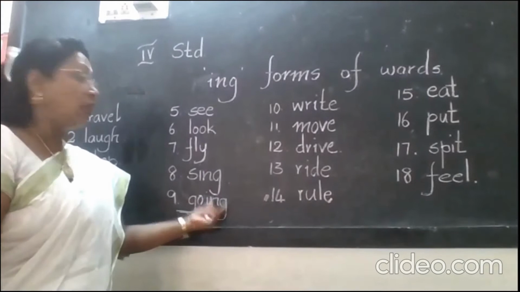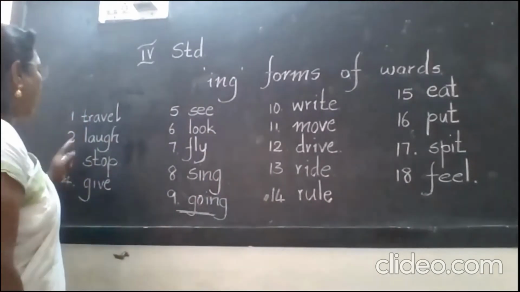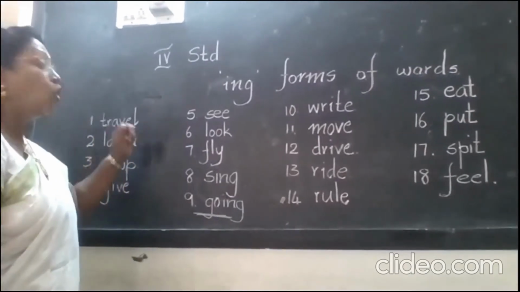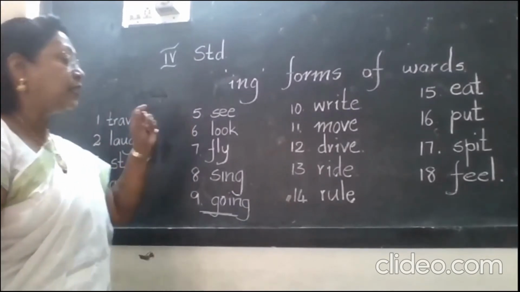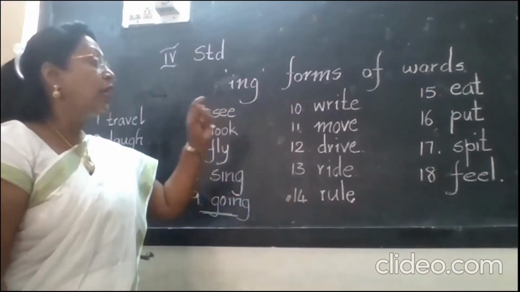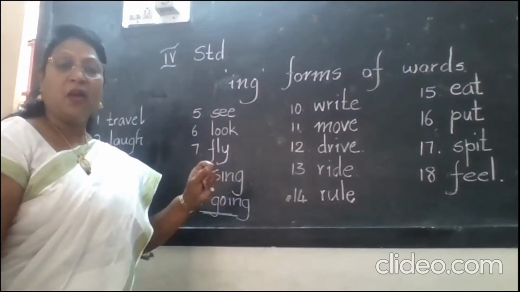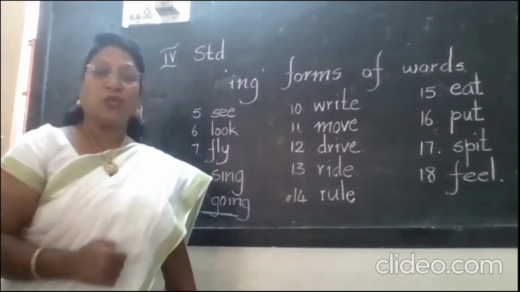So all these are action words. Look at it. Travel, laugh, stop, give, see, look, fly, sing, go, write, move, drive, ride, rule, eat, put, spit, feel. Okay, they are all action words. Now, what is an action word?